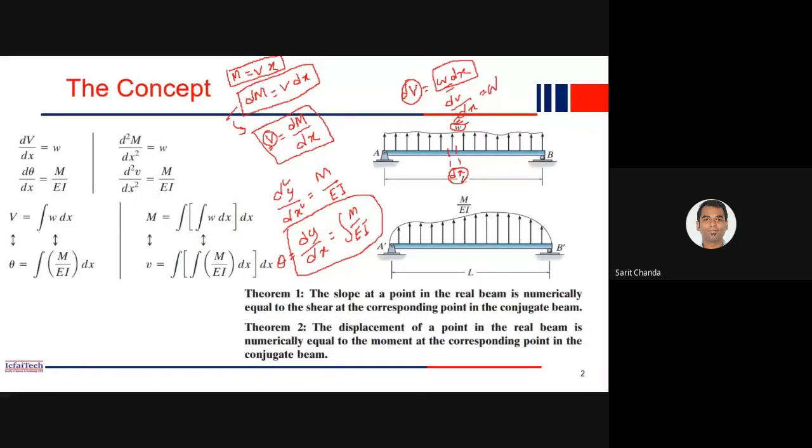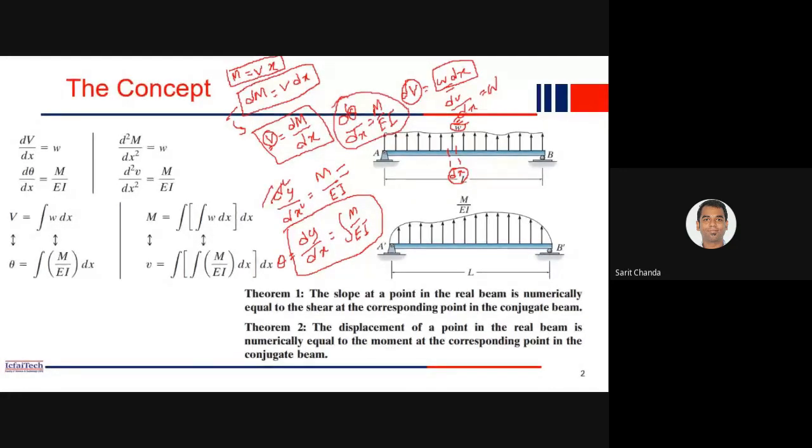Now the same thing here, we'll use the similarity principle. I'll just substitute here. Theta is equal to dy by dx, right? So from this expression we can write d theta by dx equal to M by EI.